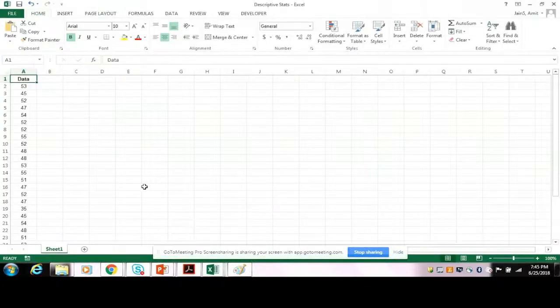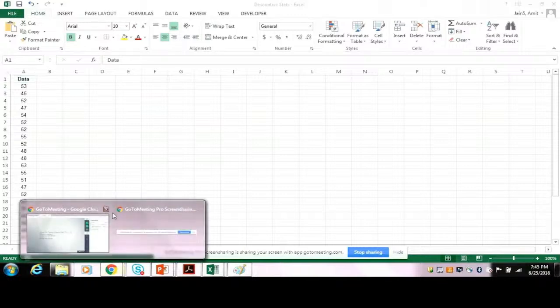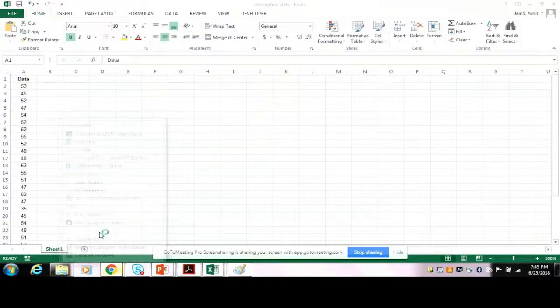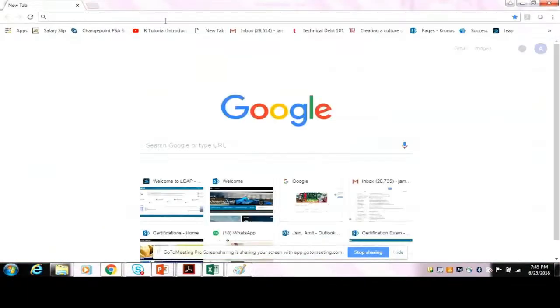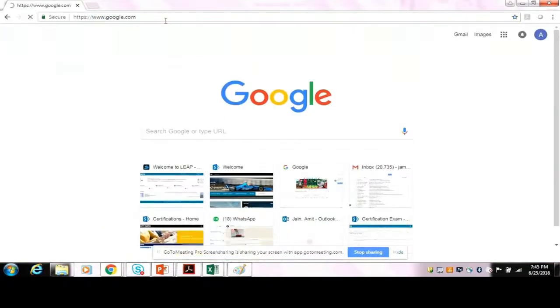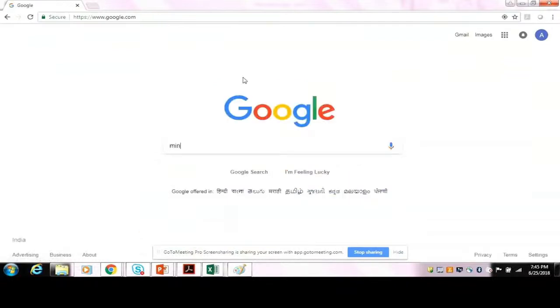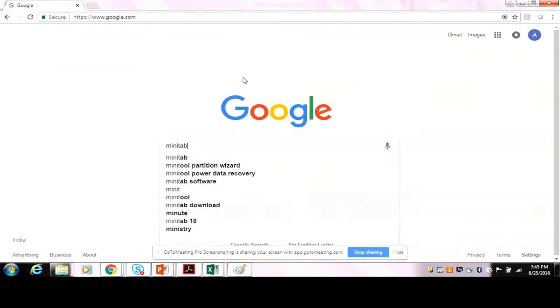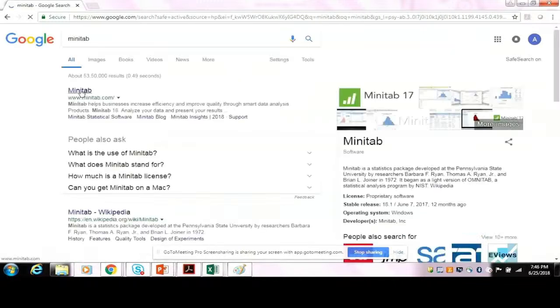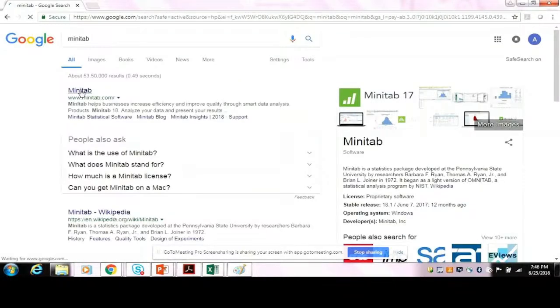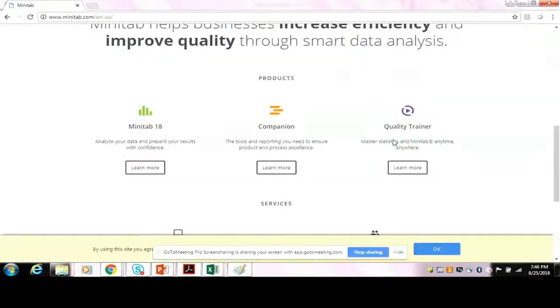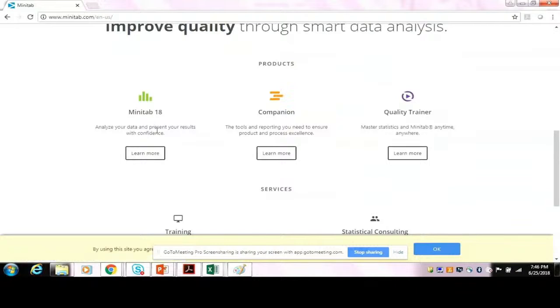I would also suggest that you go ahead and install Minitab on your machine. If you go to Google, you can see my entire screen, right? Correct. Okay. If you go to Minitab, you'll be taken to the Minitab website, and you can install Minitab 18.